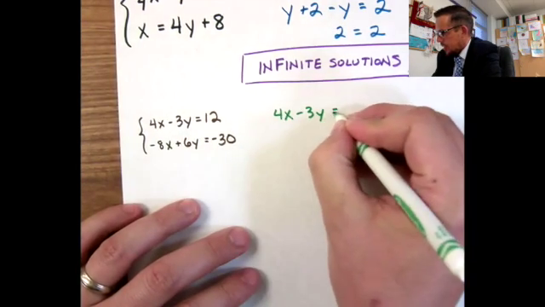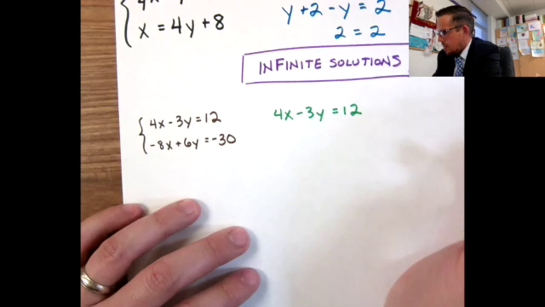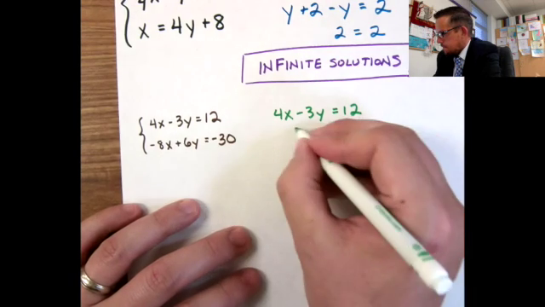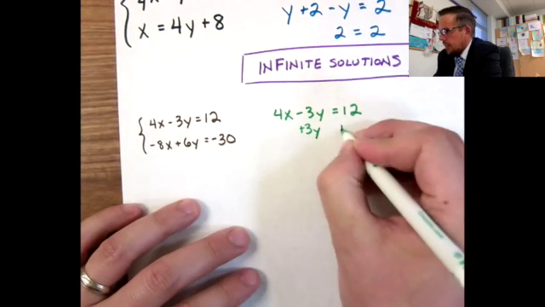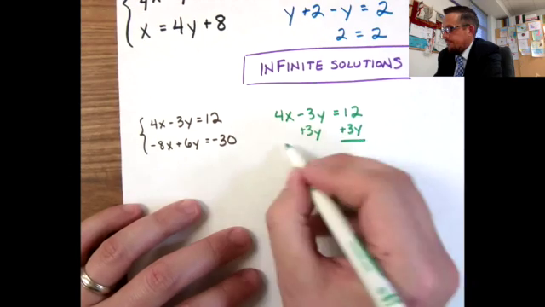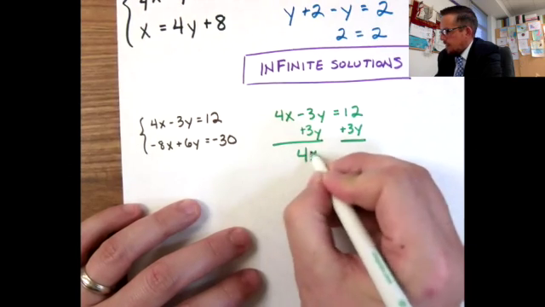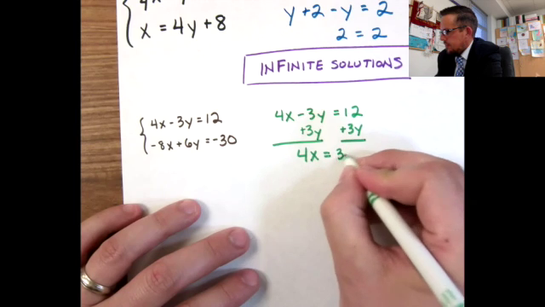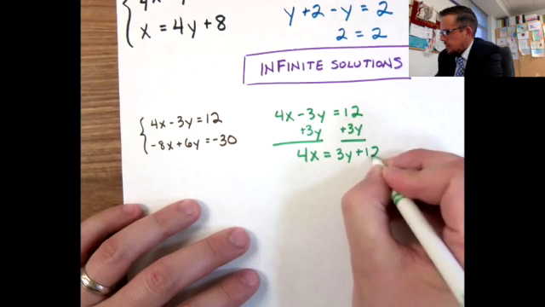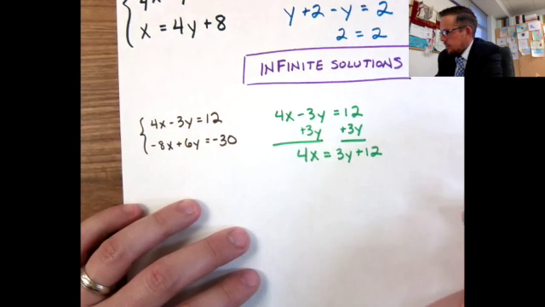That does seem like a really good idea. How do I do that? Plus 3y to both sides, which is 4x equals 3y plus 12. Good.